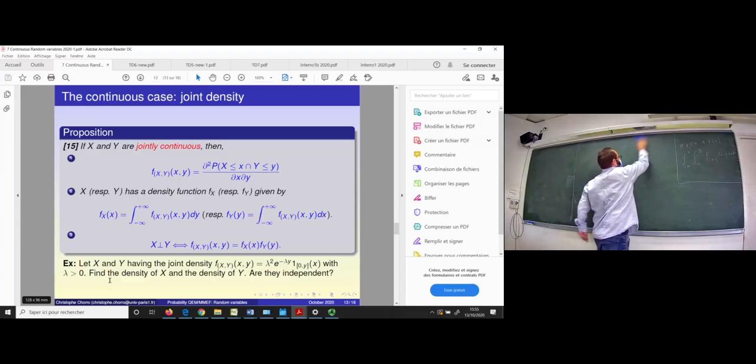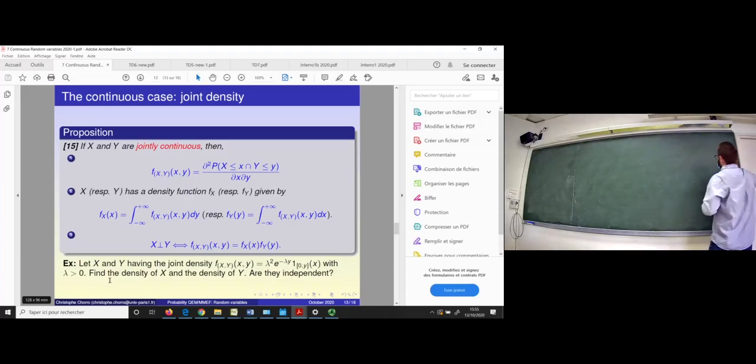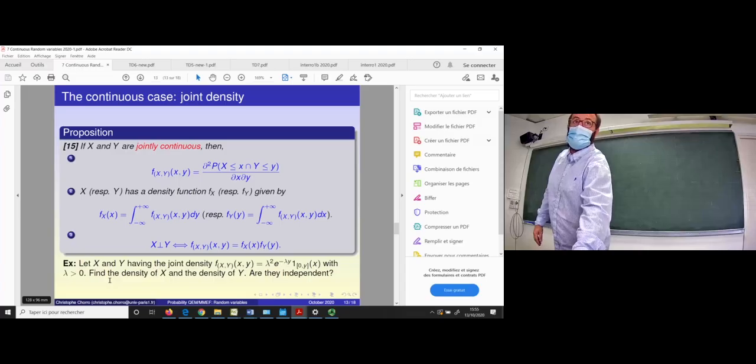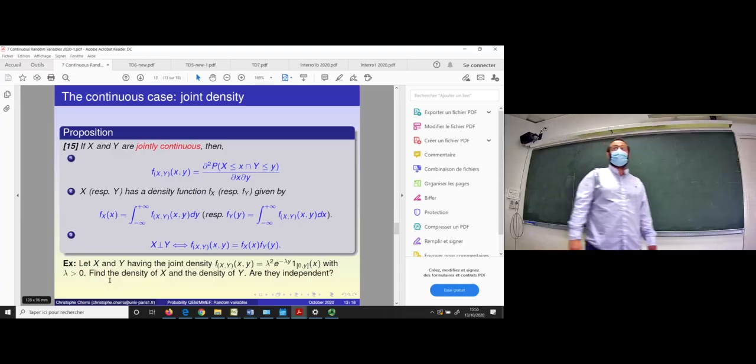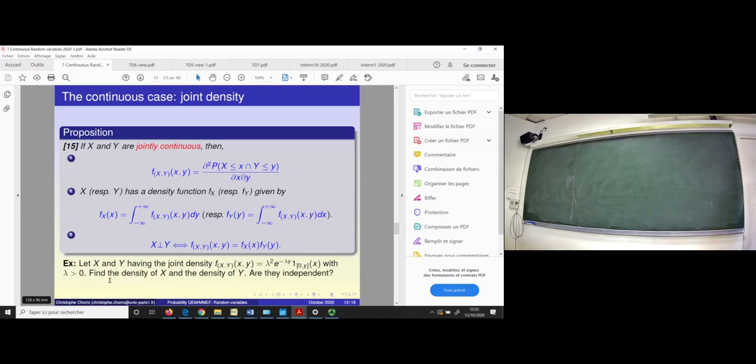And next session, okay, I have two things to deal with. First, to tell you what is the analogue of expectation, variance, and so on in the case of continuous random variables. Okay, you will see that I just change sums by integrals. All the properties will be the same.